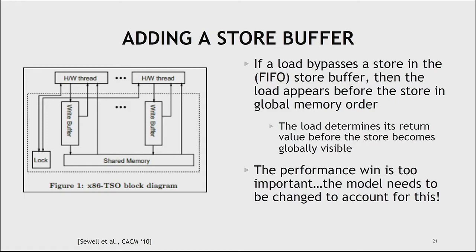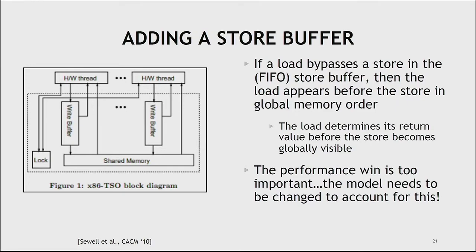So come back to the rules I defined just a couple slides ago. We're interested in what happens with loads, and we're interested in what happens with stores. So suppose we do have a store which we take off the path from the core to memory, we stick it in the store buffer, and we have a load bypass that store, right? So in that case, the load is going to grab its value by either checking the store buffer or reading from memory.